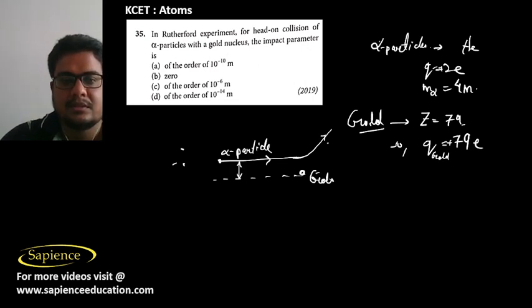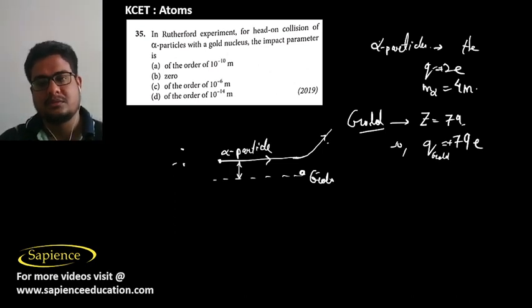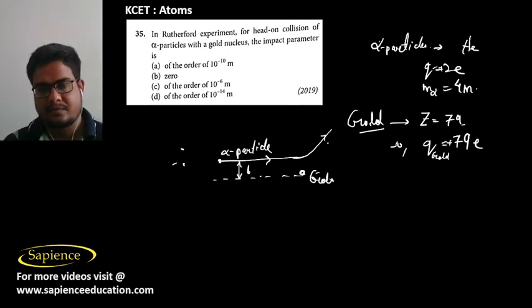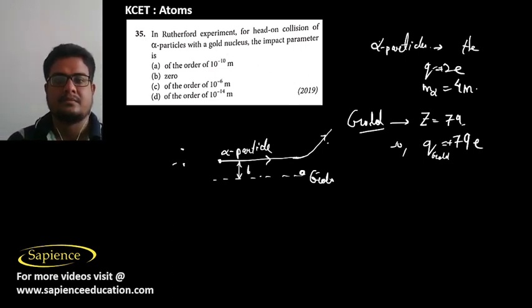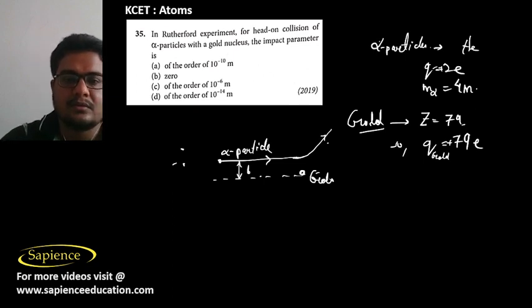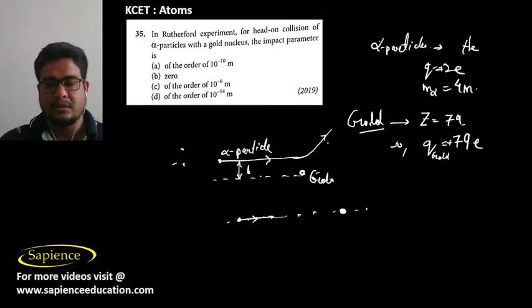This separation is called the impact parameter b. When there is head-on collision, it means the alpha particle is in the same line as the gold nucleus.